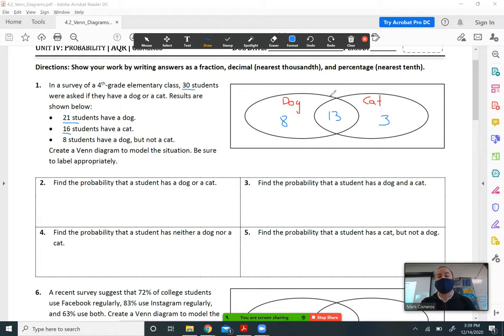There's 30 total students. So 8 plus 13 is 21. Plus 3 is 24. Which means how many are on the outside? 6. And what do those 6 people represent? Well, tell me what they represent. The people that don't have a dog or a cat, right? That's what those 6 people are.